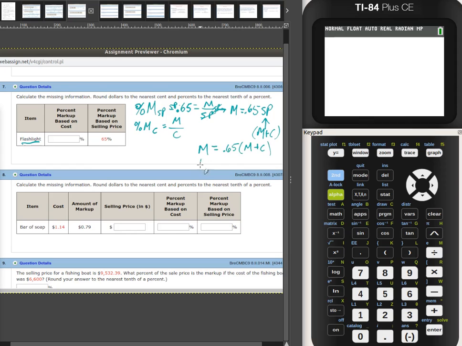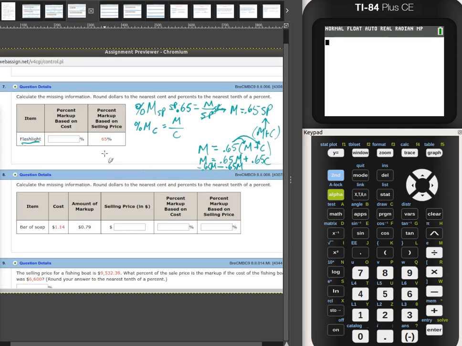So now we will have that the markup is 0.65, and I'm just going to distribute this one where we will multiply times the m, we will multiply times the c, and it will go 0.65m plus 0.65c. And do you see where this is going? I think it's working so well. Why don't we just subtract 0.65m on both sides.